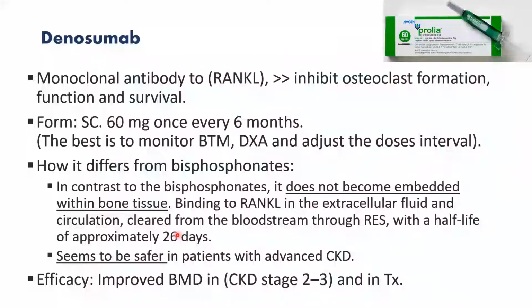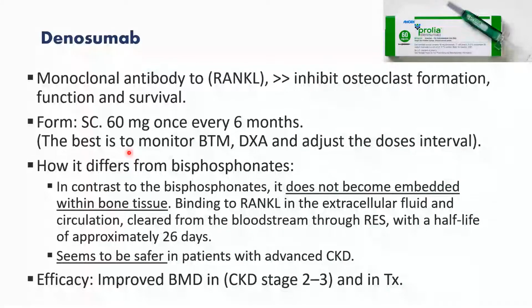The second is denosumab. As we said, denosumab is a monoclonal antibody to RANKL. The dose of denosumab is 60 milligrams subcutaneously once every 6 months. But I think it is important to say here that it is not a fixed dose for every patient.